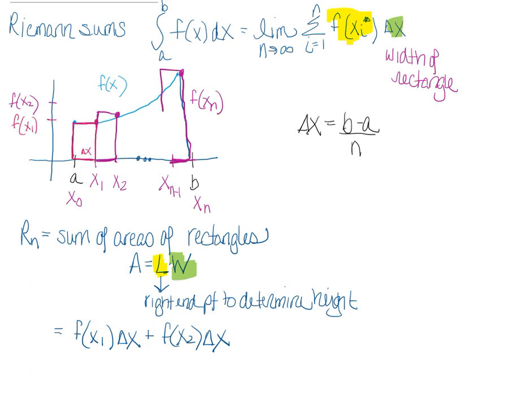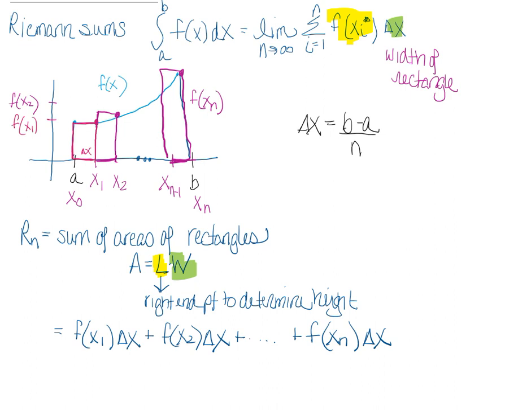Then we go over and we graph it. You can see it's an overestimate for this example, not always true. So this goes on, repeating itself all the way up to f at xn delta x. And we add this up depending on what our n value is. And that is the right endpoints.